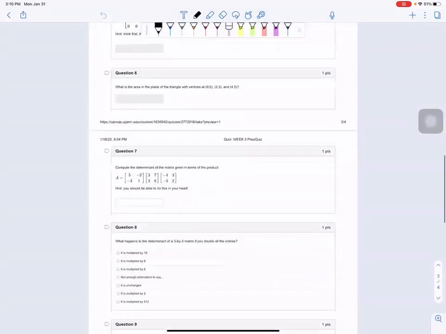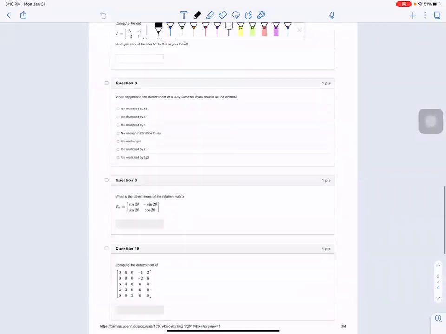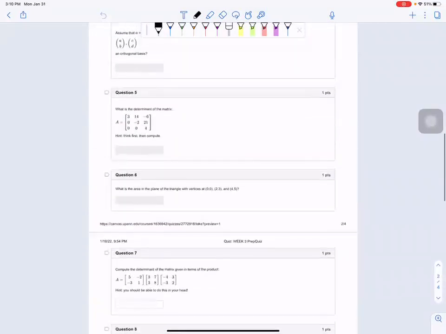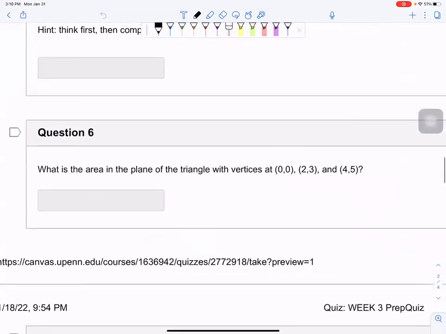What is the area of the triangle with vertices given? You just do it as you would for a parallelogram. The area of a triangle is usually half base times height, and base times height is like our parallelogram area. And how do you find the area of a parallelogram? Just the normal way, then divide by 2.